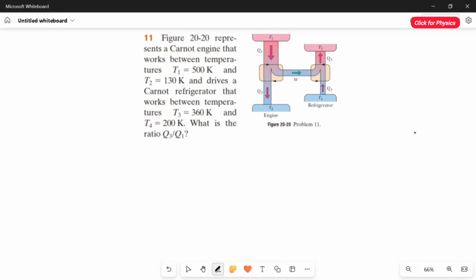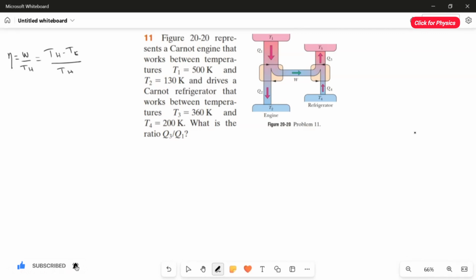In chapter number 20, we studied the Carnot engine efficiency, which is given by work done over TH. And what is work done? TH minus TL, or TC, anything you can use, so hot and cold. Or better, I can use TC over TH.